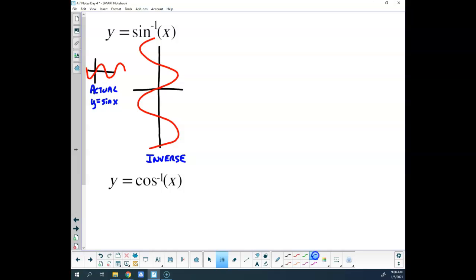Okay? But that's not a function. So we said then, let's restrict the range of our function to that. Because then this would be negative pi over 2, this would be pi over 2, and we pick all of our values from negative 1 to positive 1.